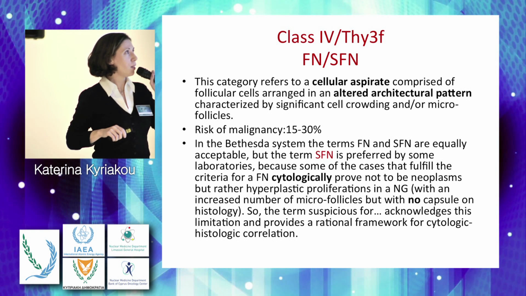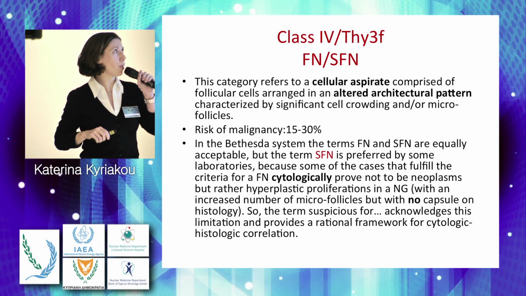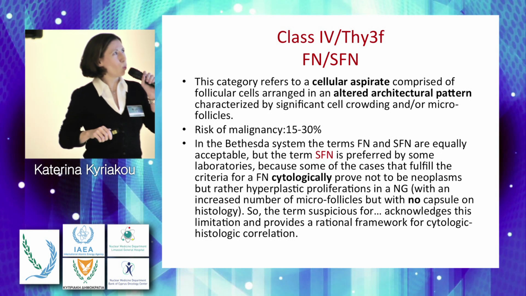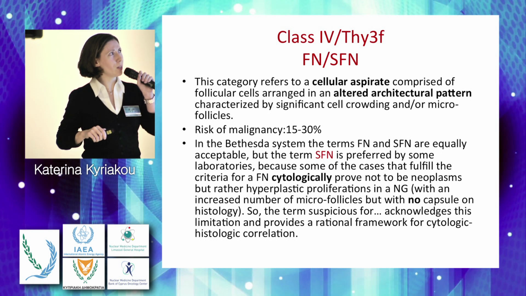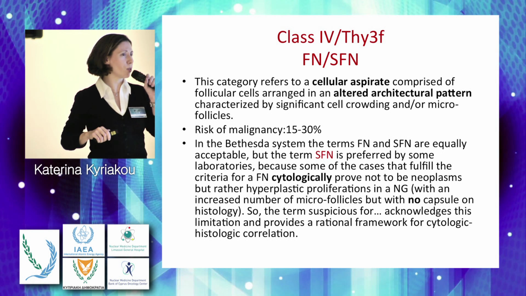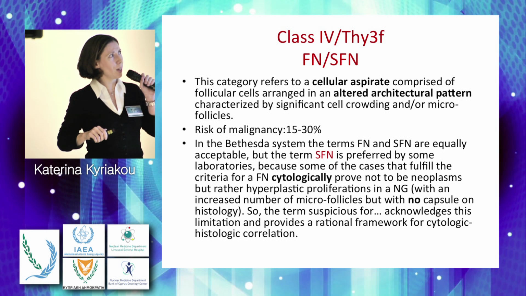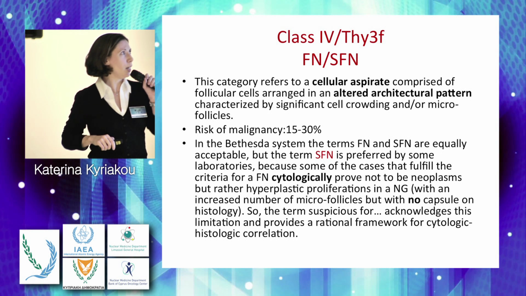The next class is the class 4 or Thy3F, and what the British Thyroid Association system did is it took the previous classes, the 3 and the 4, and incorporated them into one. So the previous has the A of the atypical, and here we have the 3F of the follicular neoplasm.